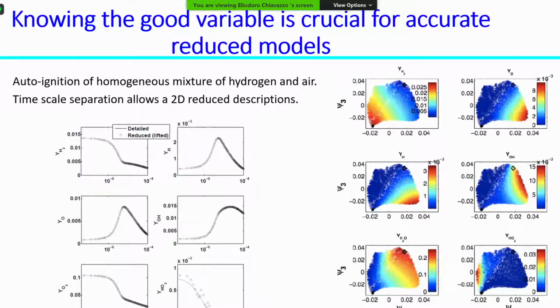Of course, it's not possible to go into the technicalities, but by comparing the detailed and the two-dimensional reduced model, you see very good accuracy in the time evolution of the species in the system, by paying a very little price. For instance, only some radicals are not very accurately captured, but as I said, there is always a price to pay.